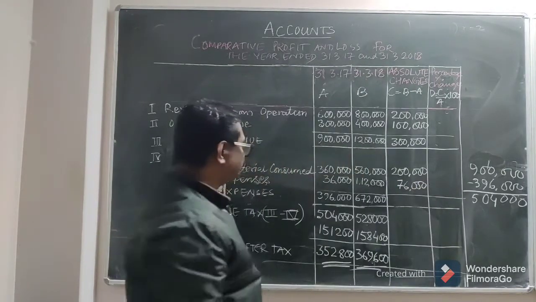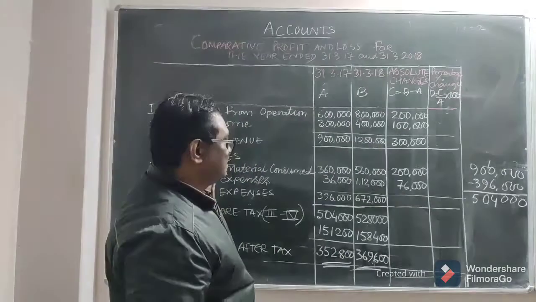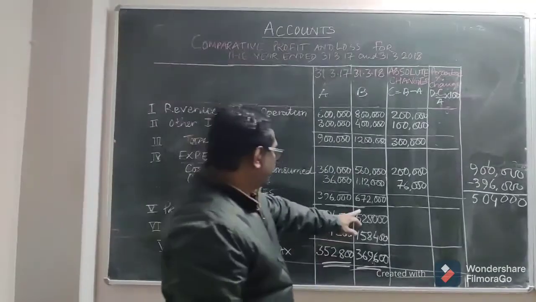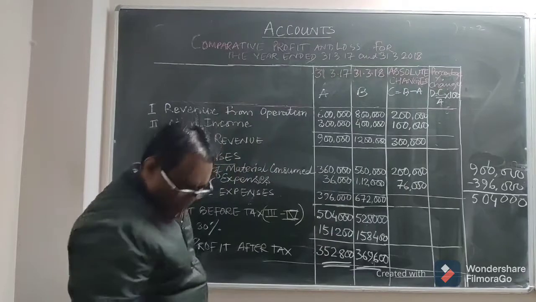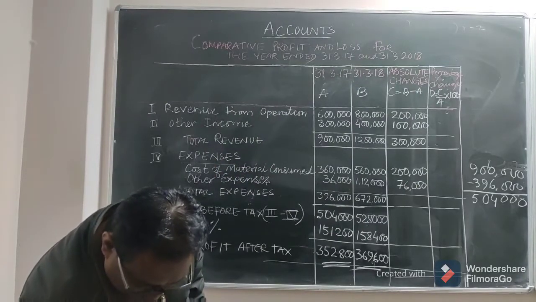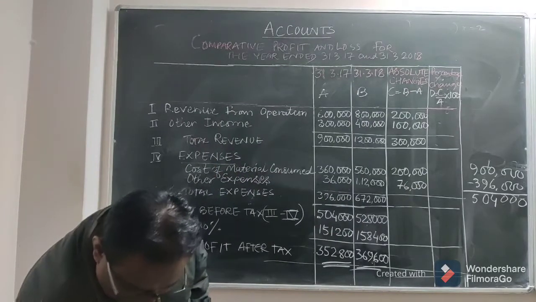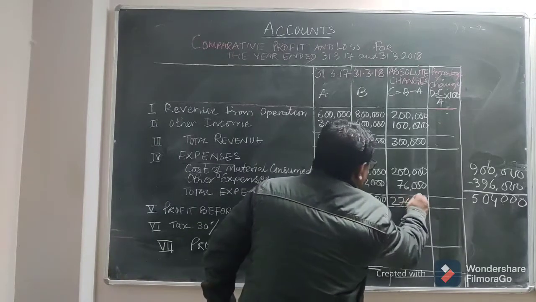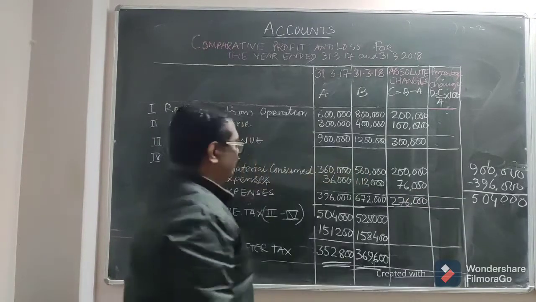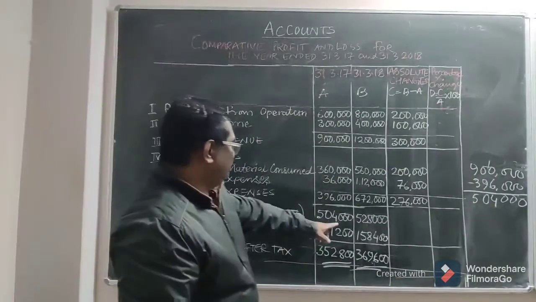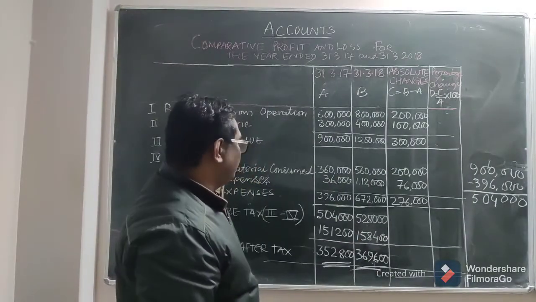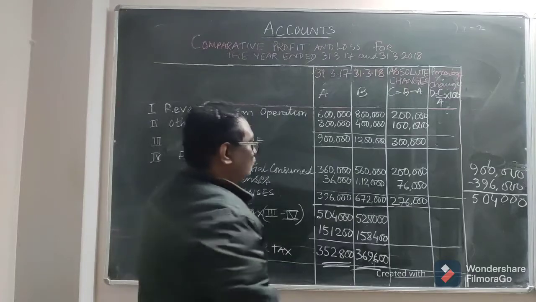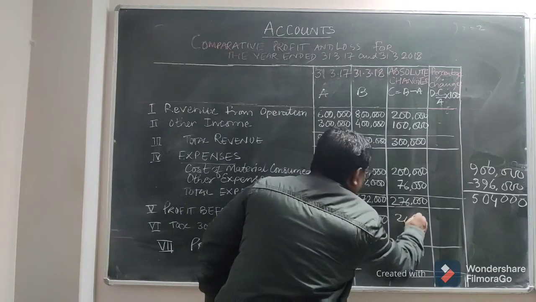Then 6,72,000 minus 3,96,000 gives 2,76,000. Now the change here: 5,28,000 minus 5,04,000 gives 24,000.